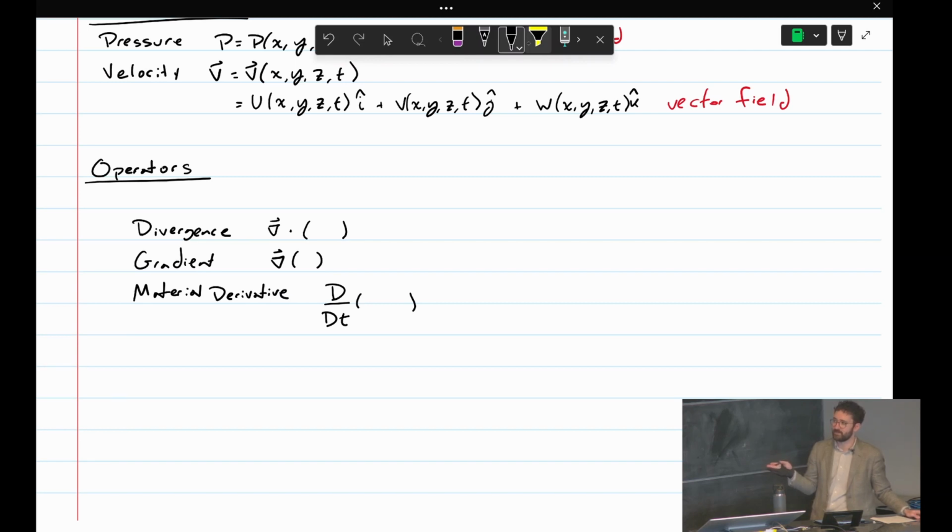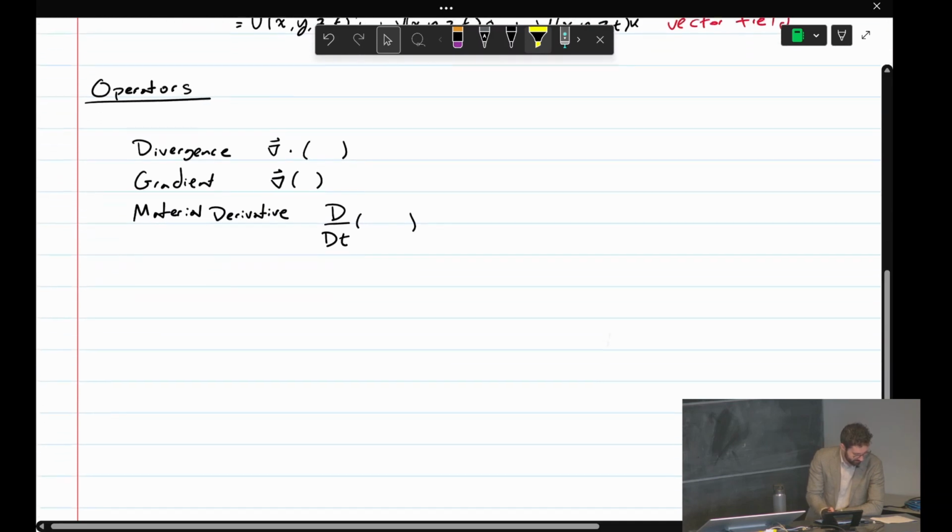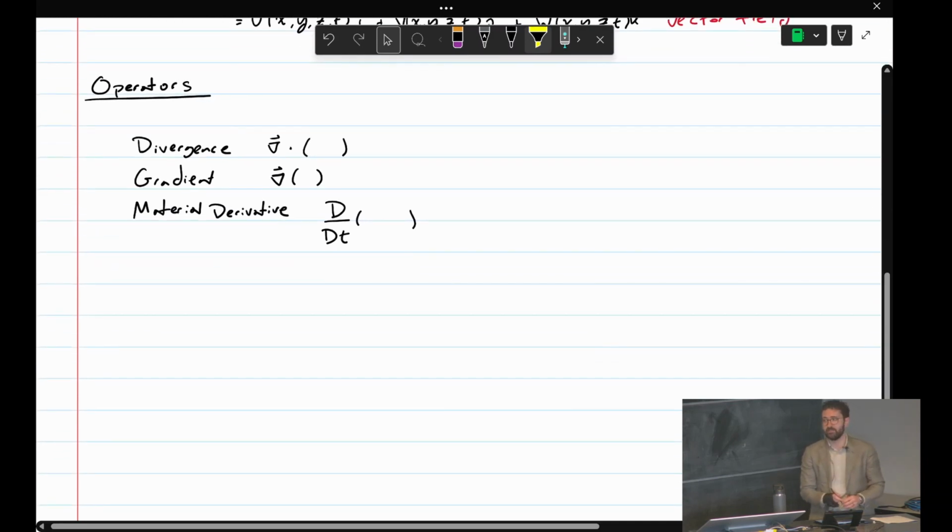To compute that, you need the velocity field, even if you're not taking the material derivative of velocity. If we take the material derivative of velocity, we get acceleration, you remember. So that's where this comes in the Navier-Stokes equations. In order to write F equals ma, we need to have the material derivative in there. Any questions about the operators?